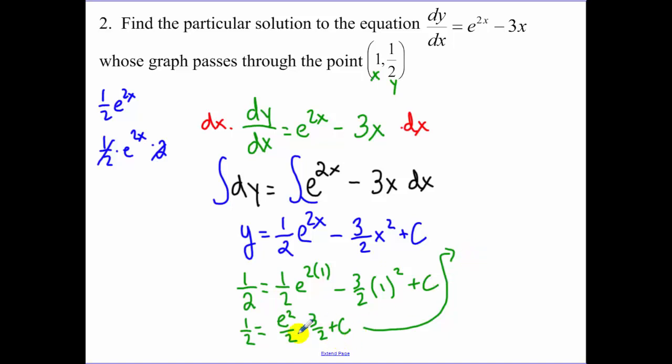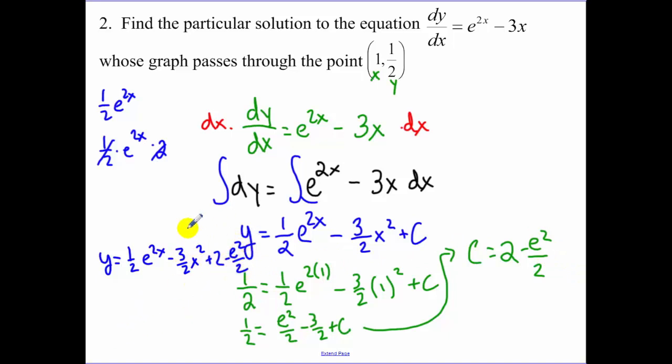So I add the 3/2 over, and I get 2. I subtract the e squared over 2. So our final answer is going to be the equation y equals 1/2 e to the 2x minus 3/2 x squared plus c, where c is 2 minus e squared over 2. So that's our final answer.